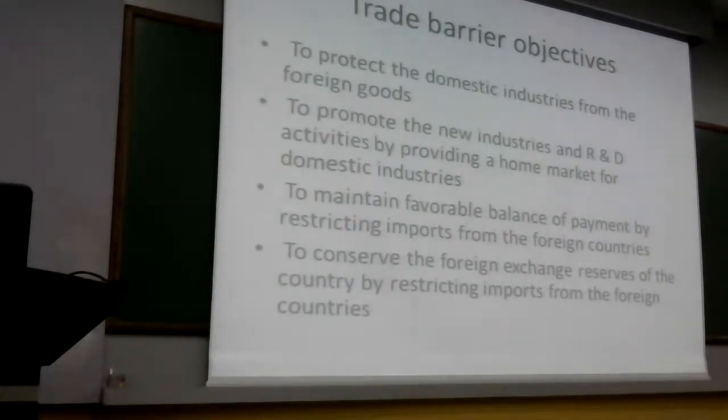Next, we discussed that one particular kind of product, service or technology might not be present in your market. That doesn't mean you have to import it for eternity from the foreign market. You cannot do that. In order to prevent that, you have to promote new industries and R&D activities in your local market.